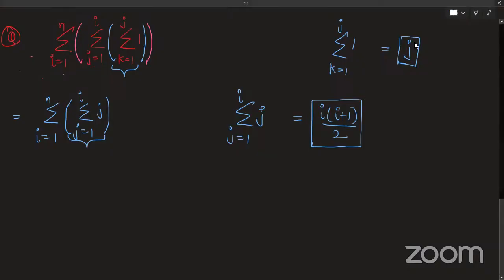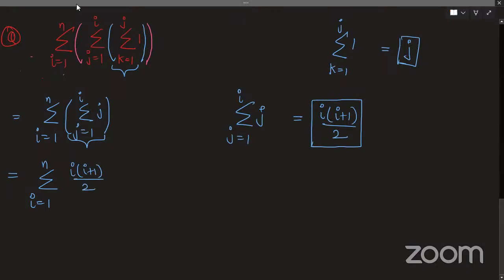Has everyone understood this? Vignesh, why do you make this mistake every time? Okay, no worries. So it will be sigma i going from 1 to n, and this inside bracket is now i into i plus 1 by 2.